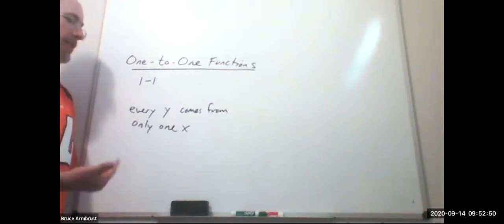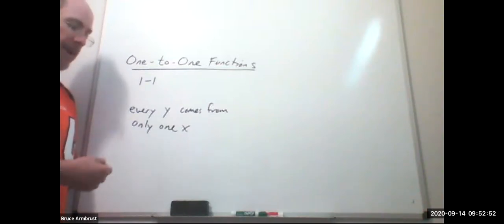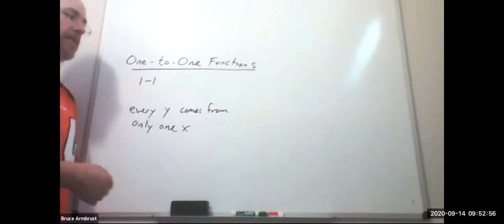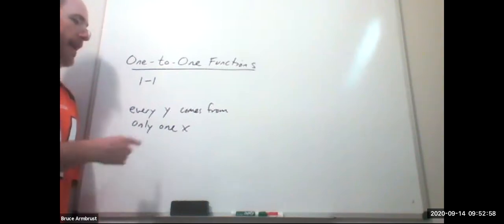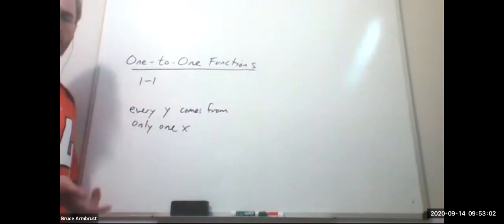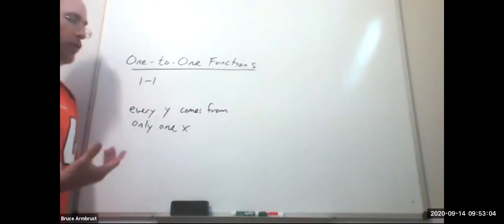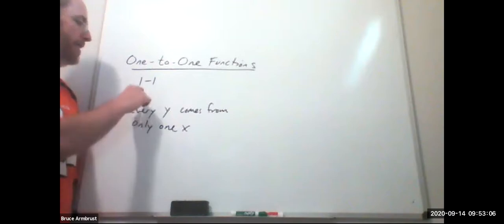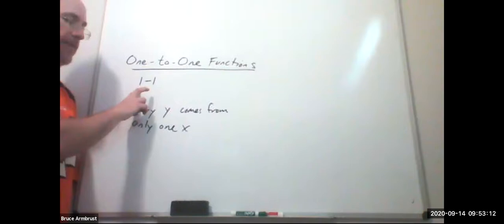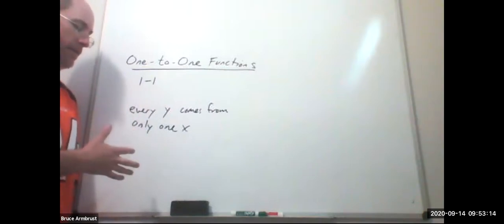Remember, for a function, it was for every x, there's only one y. Now this is for every y, there's only one x. So it's called 1 to 1 because every x is paired with a specific y. Every y is paired with a specific x.